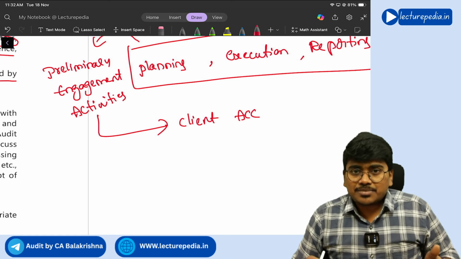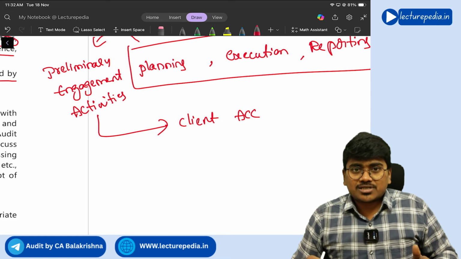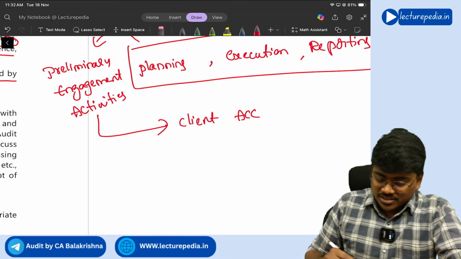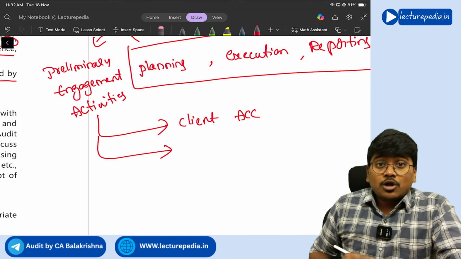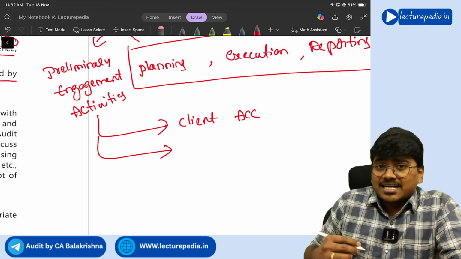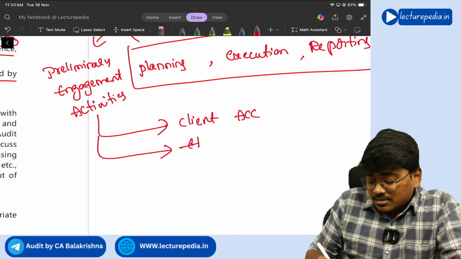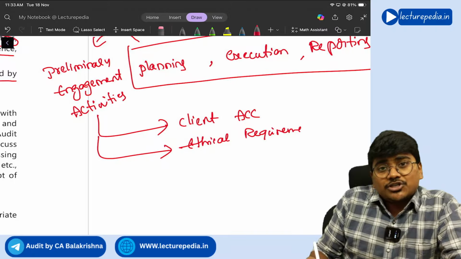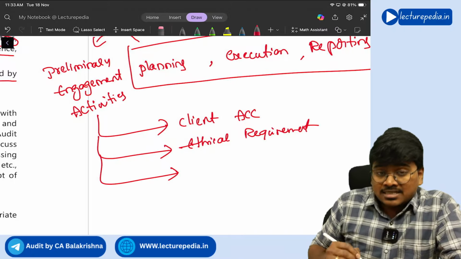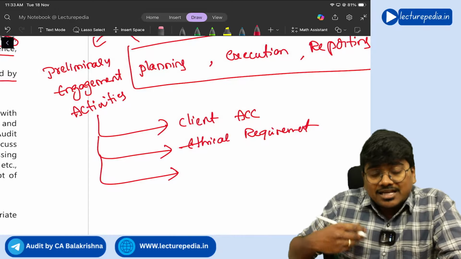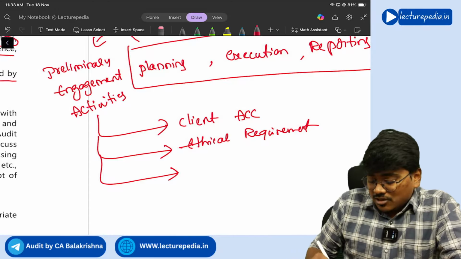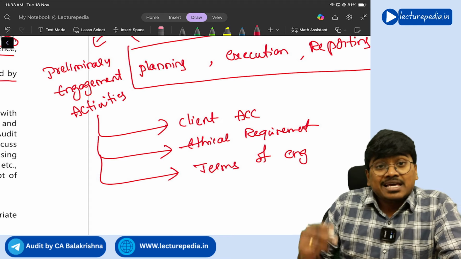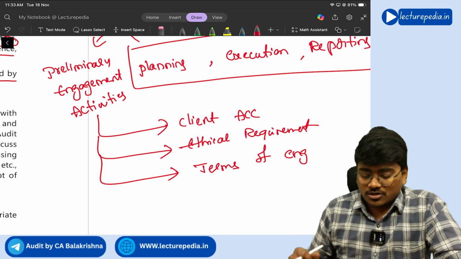Next, you will also check whether you will be able to comply with ethical requirements if you accept the audit, right? And next, you will also give a clear understanding of terms of engagement in the form of an engagement letter, correct or not? Yes.